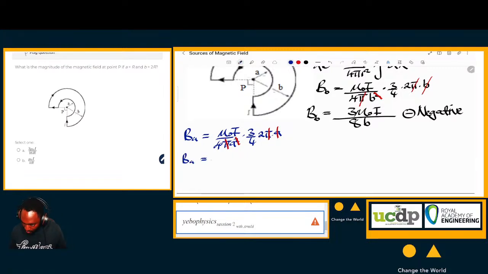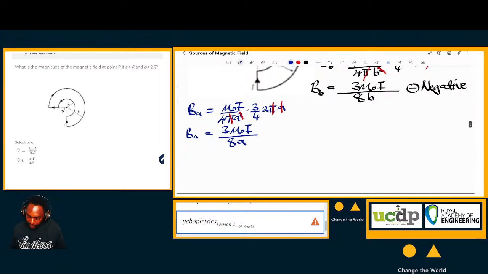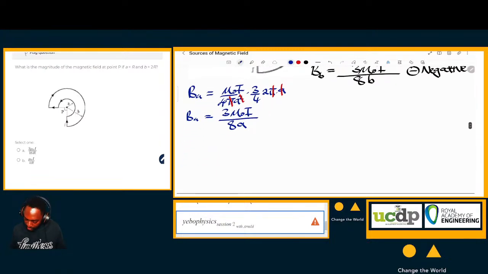B of A is going to be equal to mu naught I, so 3 there, all over 8A. So what differs now is the value for A and the value for B. Remember, B total is going to be equal to BA plus B of B.